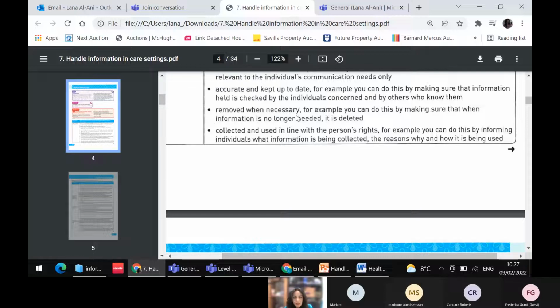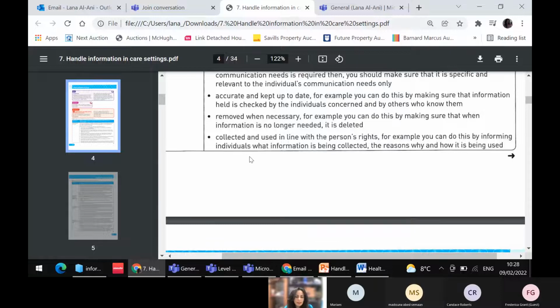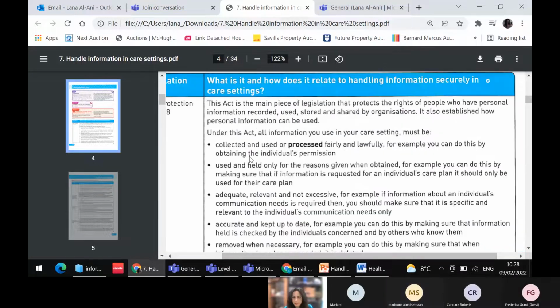And remove this when it is necessary. For example, this person is no longer receiving care from this care home, then we don't need to keep their data. And also, when we collect this information, we need a consent from that person that we are collecting this information about them. Is this understood about the Data Protection Act?